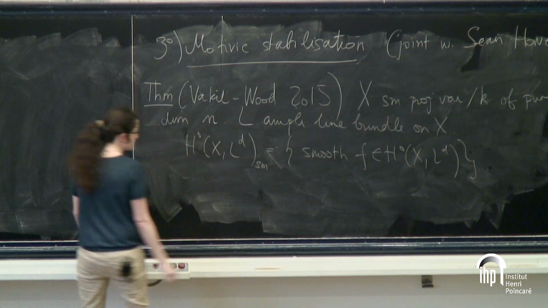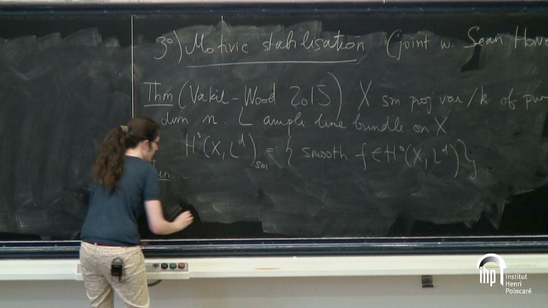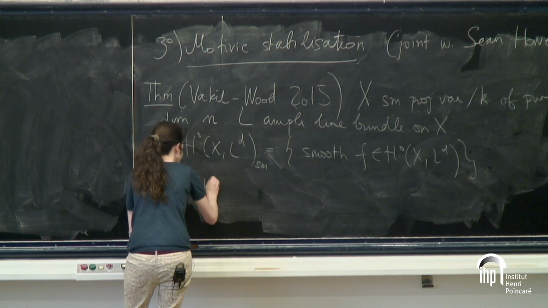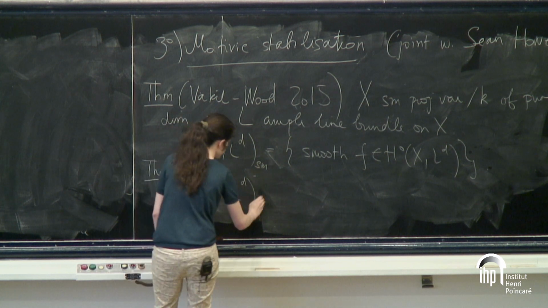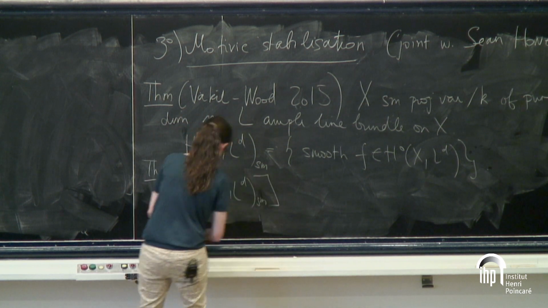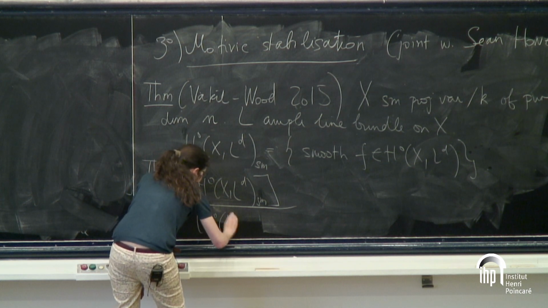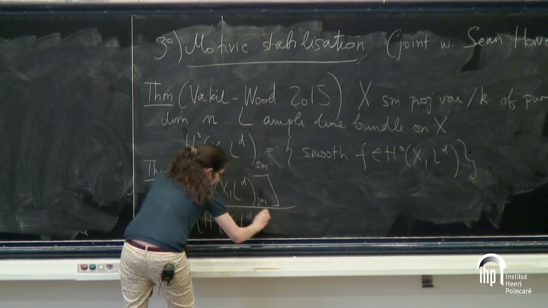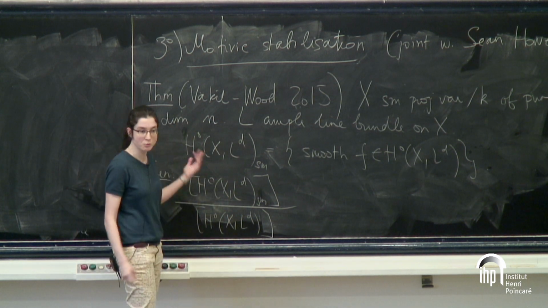Then the statement of the theorem is the following. If I take the class in the Grothendieck ring of these smooth sections, and I divide by the class of all sections, so I'm looking at the Motivic probability that the section is smooth.